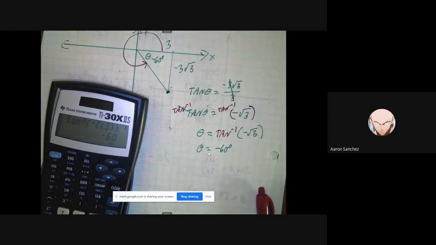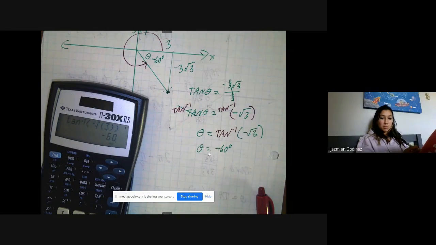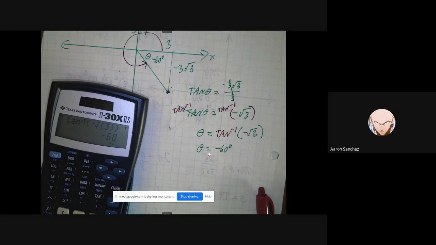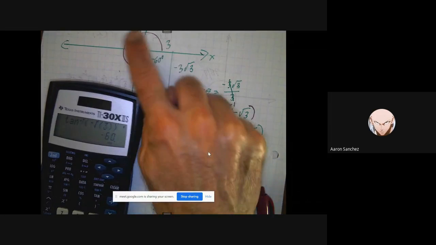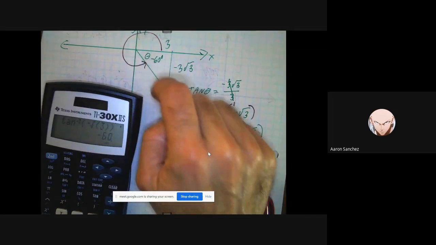Are you with me so far? Yeah. Okay. Now, let's go ahead and do this, so you don't have to calculate it. We want to figure out the purple angle, this one right here. This is what I mean by the purple angle, right?